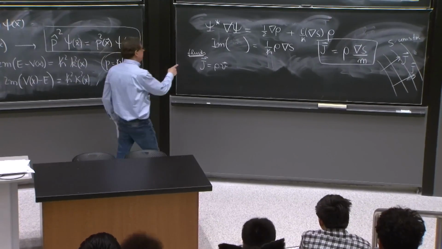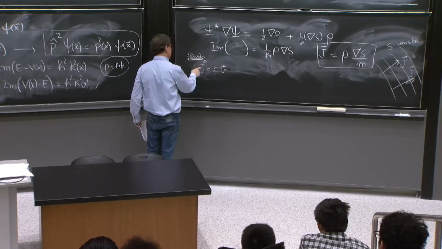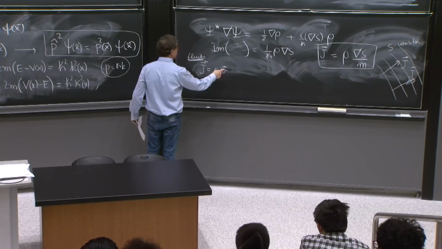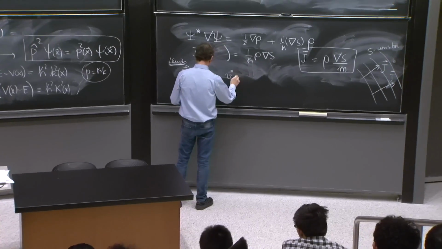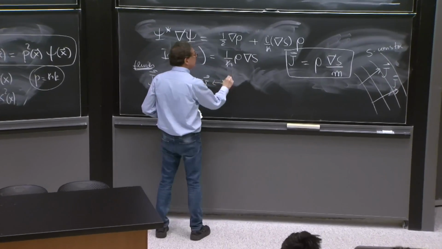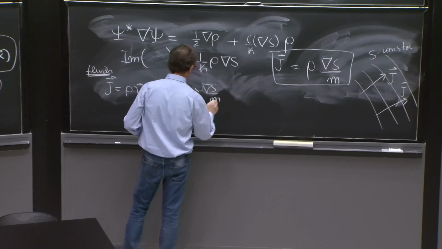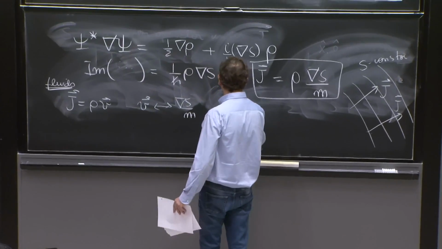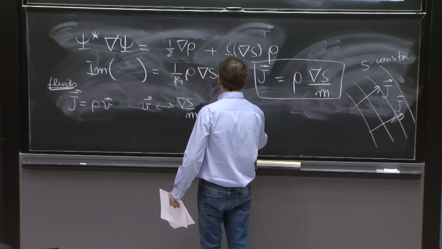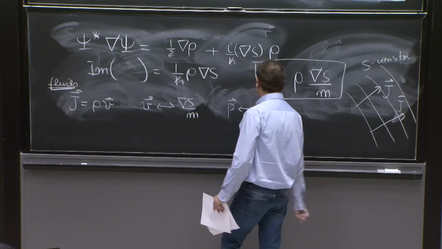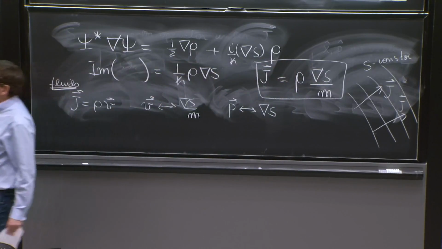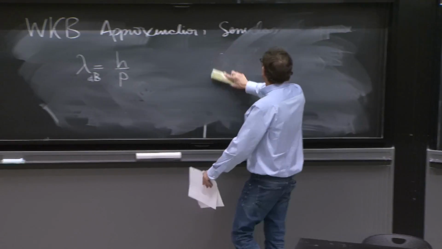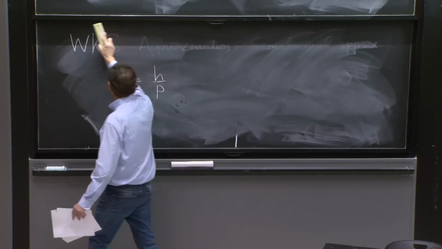So if you think of the analogy with fluid mechanics, the current is the charge density times the velocity, and therefore the velocity would be identified with gradient of S over m, or the momentum would be identified with gradient of S. That's not a rigorous quantum mechanical identification, because gradient of S is a function, and therefore P there would be a function.